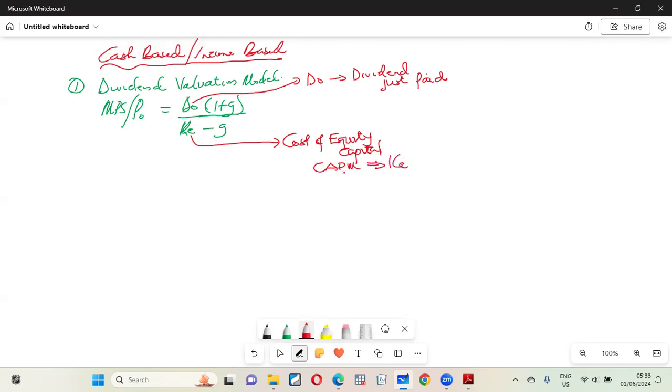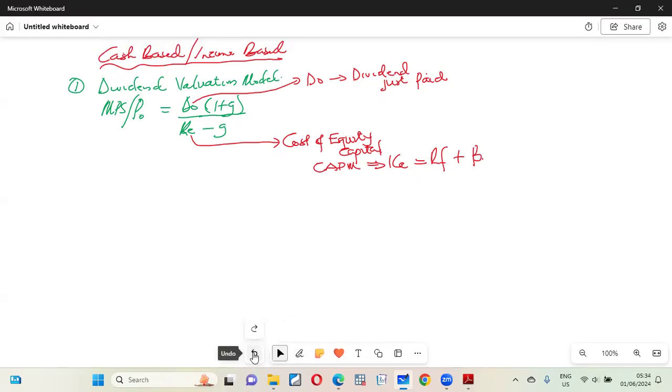This formula says Ke can be obtained by the risk-free rate of return, Rf, plus the beta, whether systematic or unsystematic. If it is both, then we use beta E, equity beta. You can just write beta.